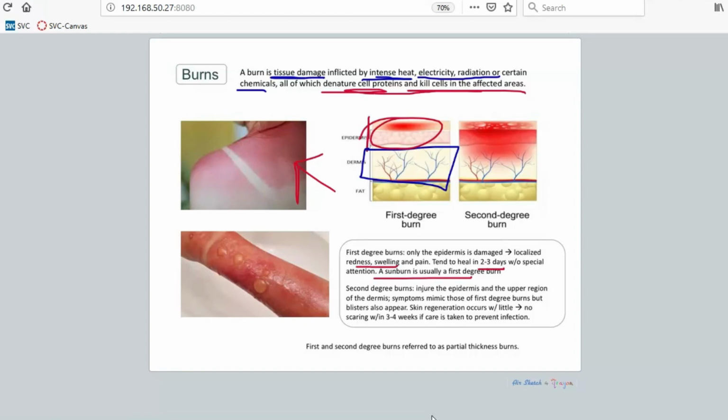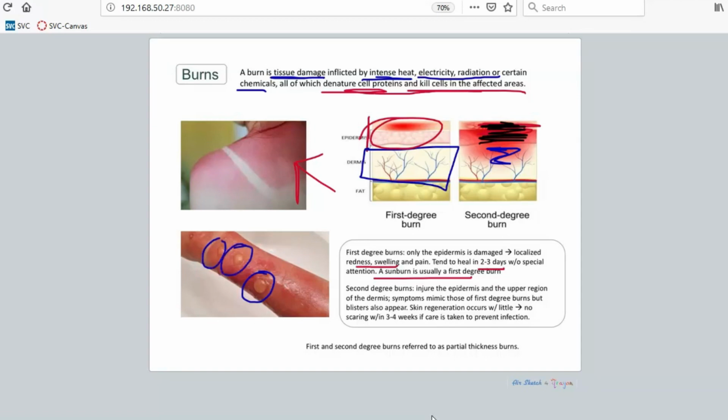Second degree burns injure the epidermis and also the upper region of the dermis. You get redness and swelling and all that stuff with first degree burns, but you can also get blisters that appear.